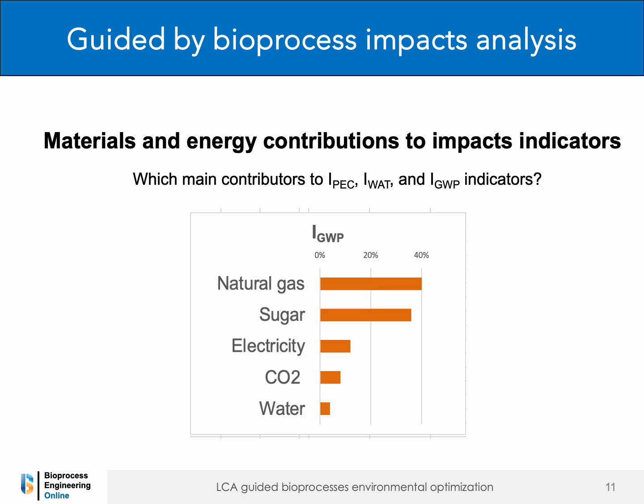In bioprocesses, significant factors affecting indicators such as primary energy consumption, water consumption, and global warming potential typically encompass raw materials utilized in biotransformation, water consumption, CO2 emissions from fermentations, as well as electricity and gas consumption. Clearly, the environmental optimization strategy should prioritize reducing the impact of these major contributors.